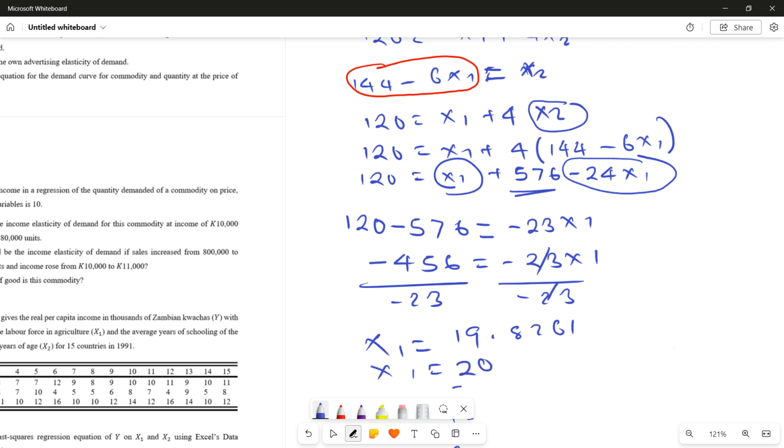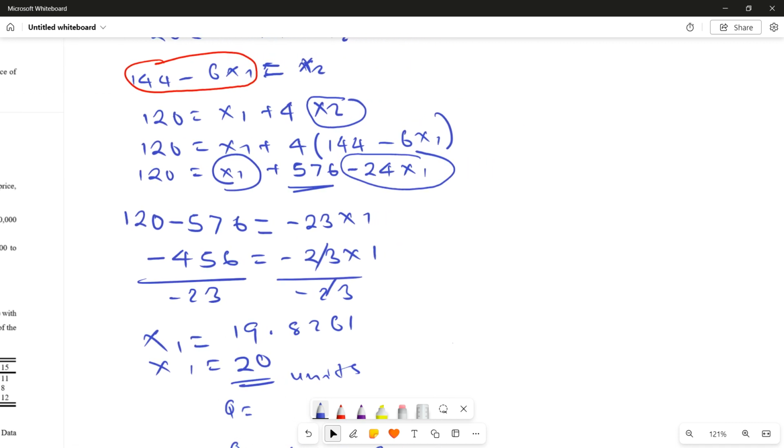It will just be 20, which means for x1 alone we have a total of 20 units. That is just for x1.